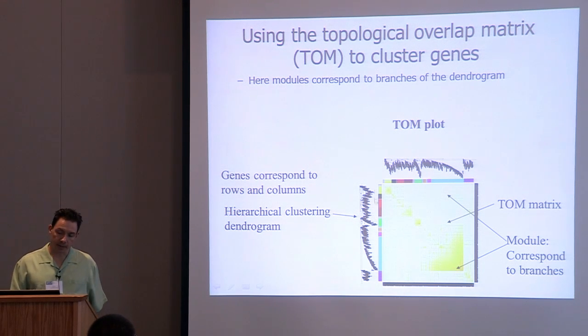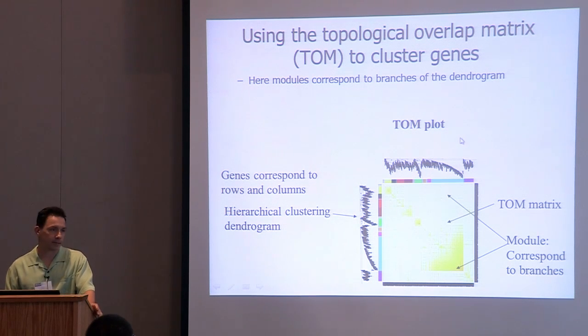But notice that the rows and the columns of this TOM plot are sorted, and they are sorted according to the hierarchical clustering tree. And now, for a statistician, the only part that matters about this plot is the hierarchical cluster tree, right? Why? Because that was used to cut the branches. That gives us the modules. But for one reason or another, people like to see colorful graphs, and so they often show also the underlying connectivity patterns.